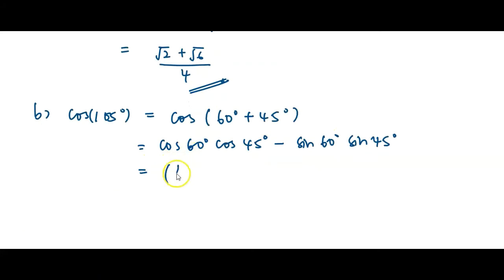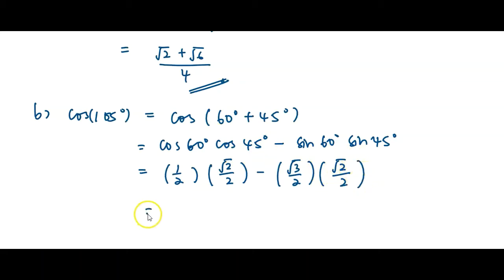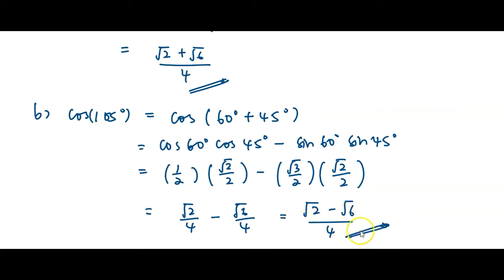Cos 60 is 1 over 2, and cos 45 is √2 over 2. Sine 60 is √3 over 2, and sine 45, the same value as cos 45, is √2 over 2. So we simplify it, and we get √2 over 4 minus √6 over 4. You can write it as (√2 minus √6) over 4. Again, this is our answer.